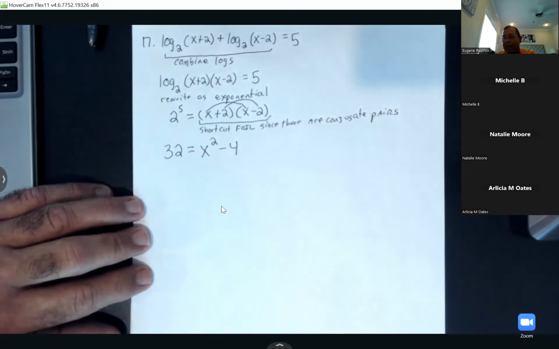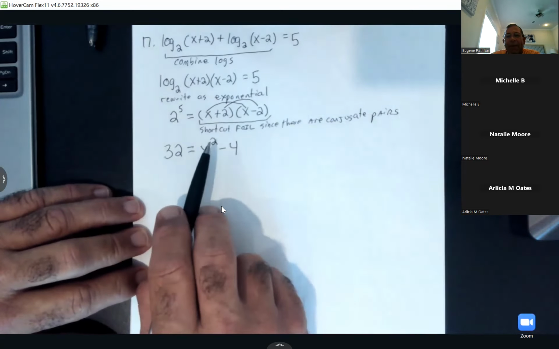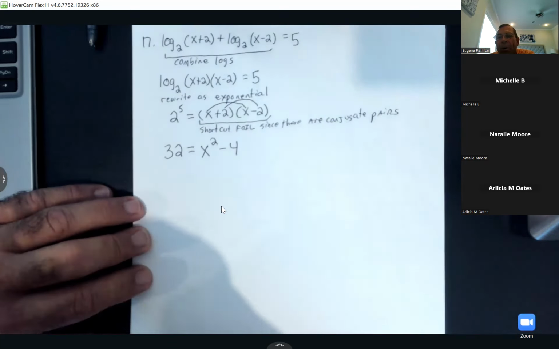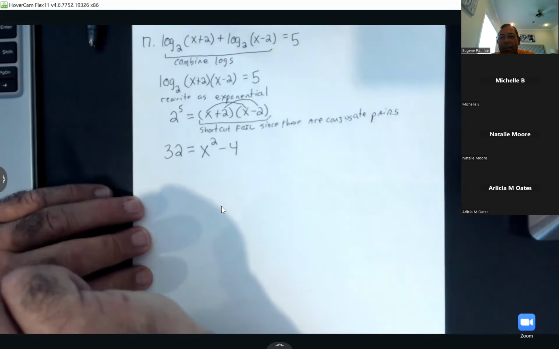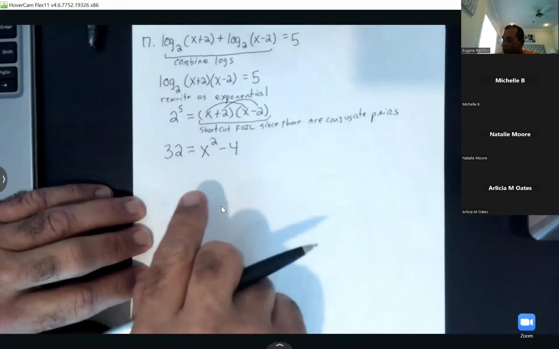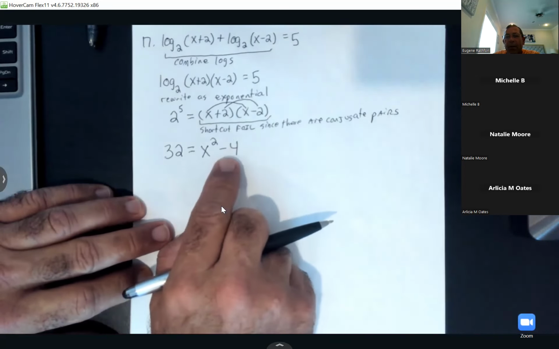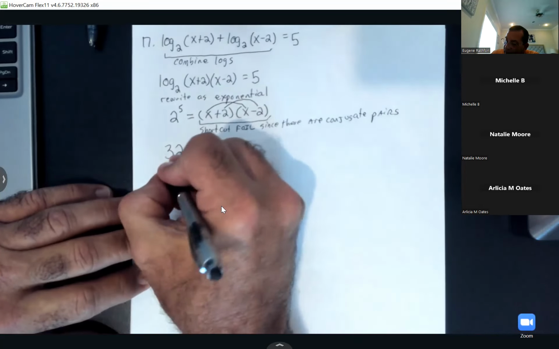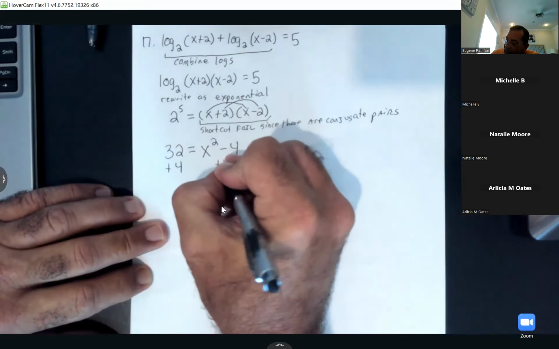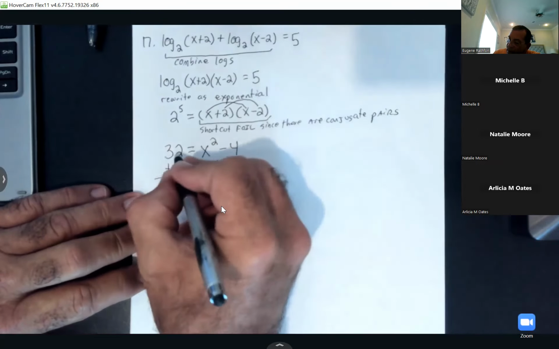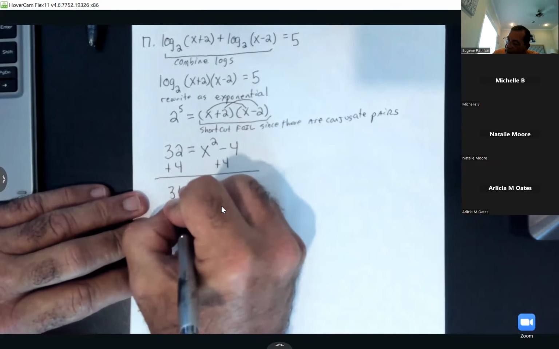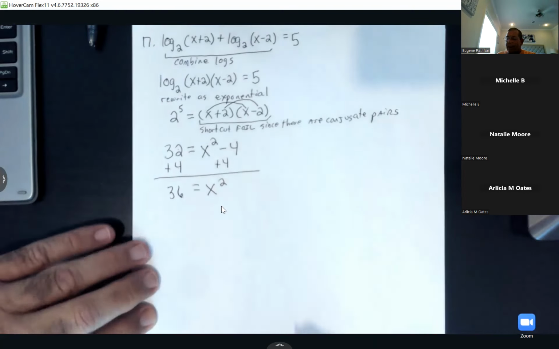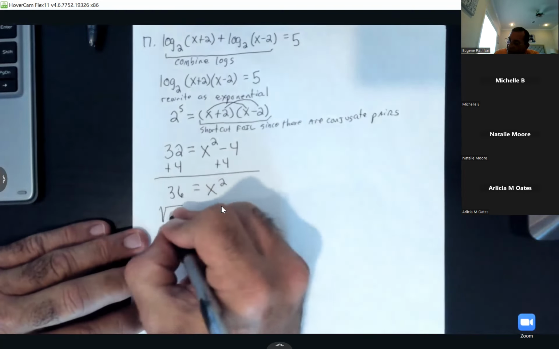Now, check this out. I've got an x squared term and numbers, but I don't have the x term on this. So the easiest way to solve this would be to add 4 and do your square root stuff. So let's add 4 to both sides. 32 plus 4 is 36, equal to my x squared. We're going to do square roots.